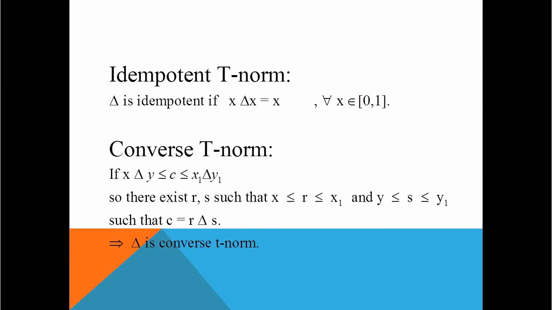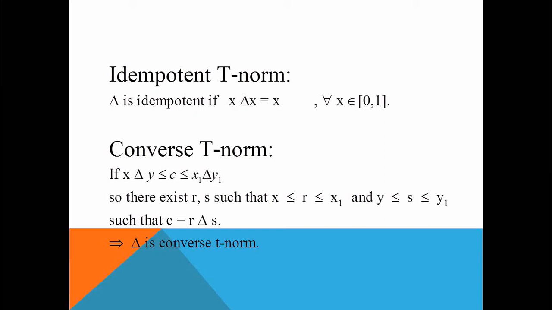If x, y, x1, y1, r, s are all fuzzy numbers, and if x delta y is less than or equal to c, and c is less than or equal to x1 delta y1, so there exist r, s fuzzy numbers such that x is less than or equal to r is less than or equal to x1 and y is less than or equal to s is less than or equal to y1, such that c is equal to r delta s. This implies delta is a converse t-norm. Converse t-norm is basically this definition.